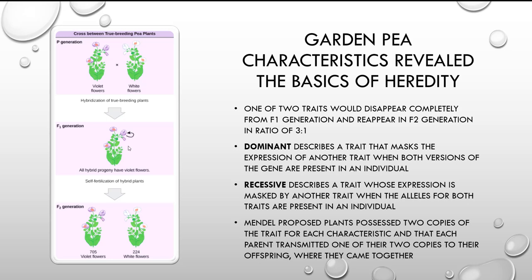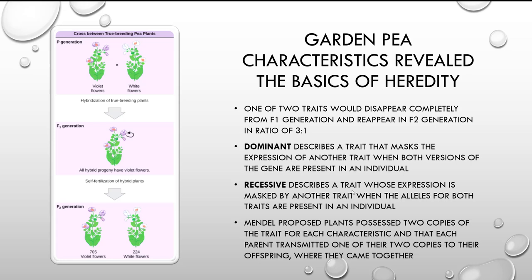There must be a dominant allele and a recessive allele, but the dominant trait must mask the expression of the recessive trait. So there must be a violet trait and a white trait in this flower, but the violet trait is masking the expression of the white trait.